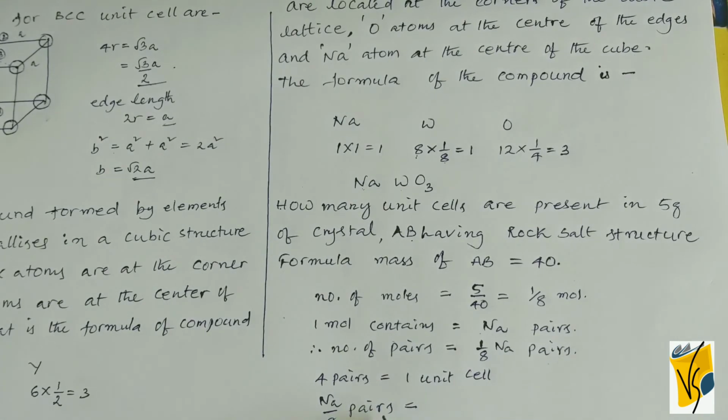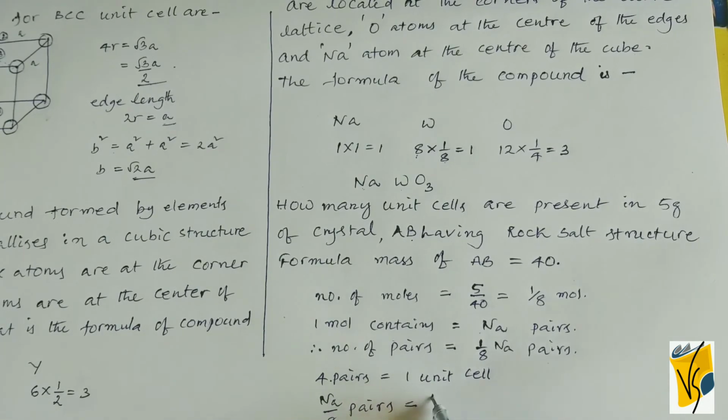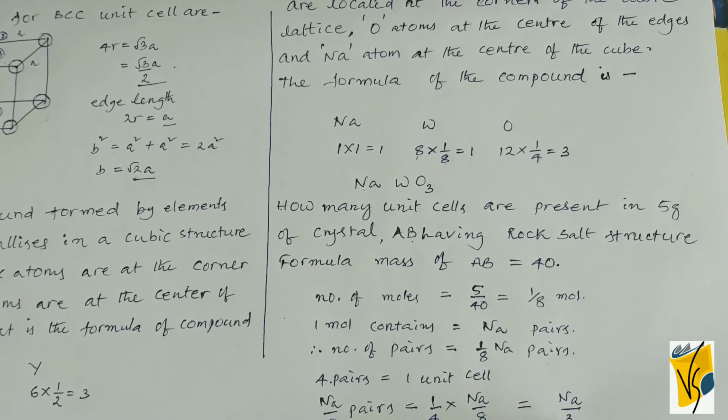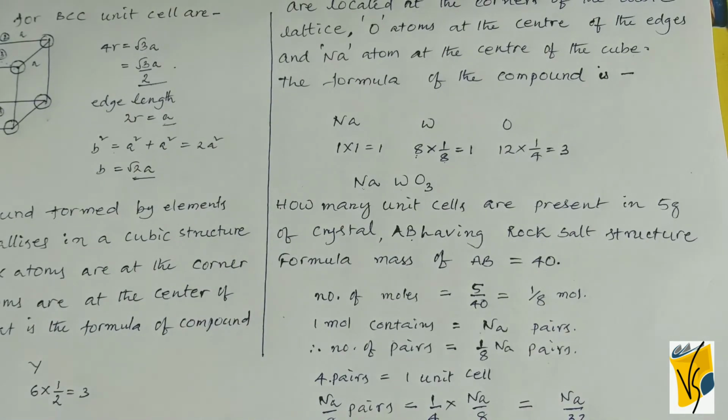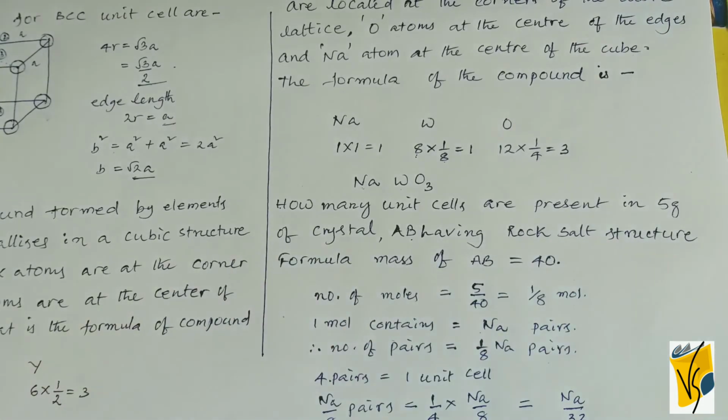So the number of unit cells now will be equal to 1 by 4 into Na by 8. Okay, so that is equal to Na by 32, right? So these many unit cells will be present in 5 grams of AB crystal having molar mass 40 grams.